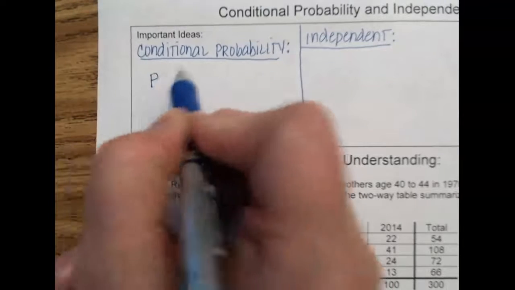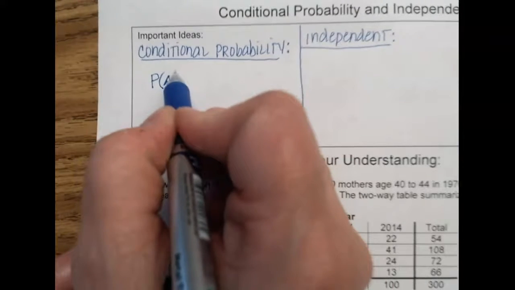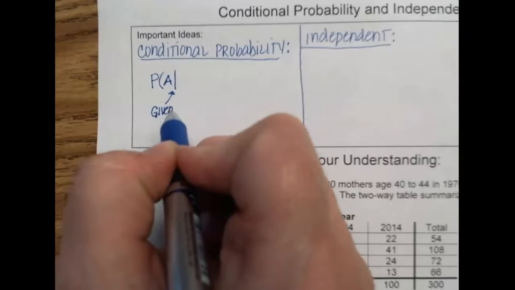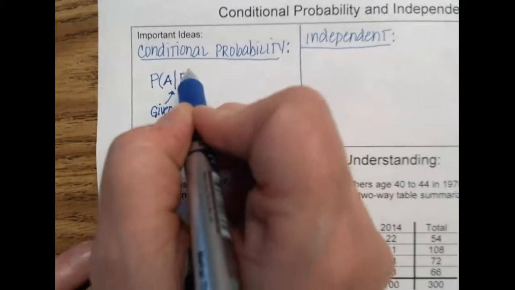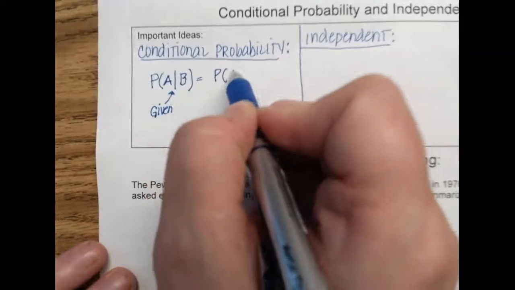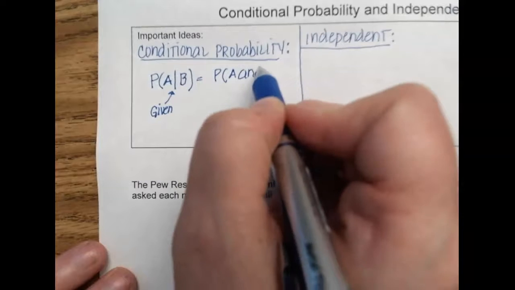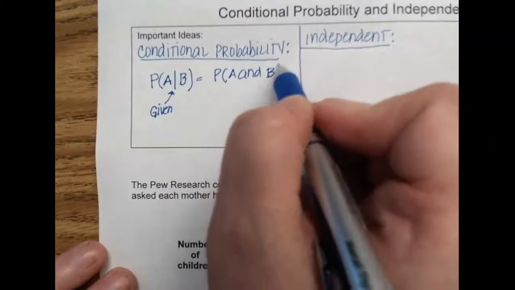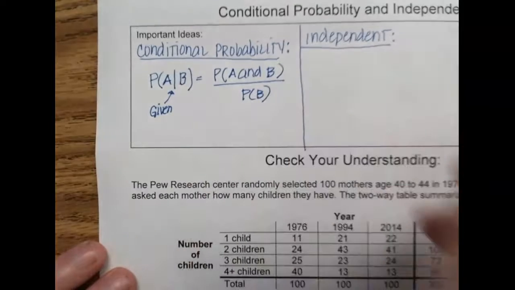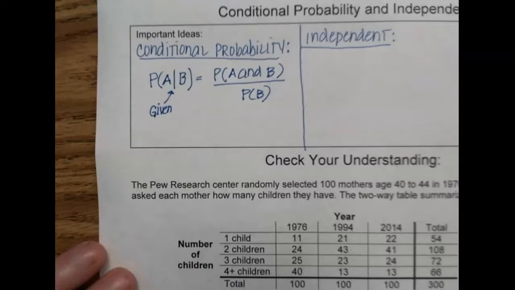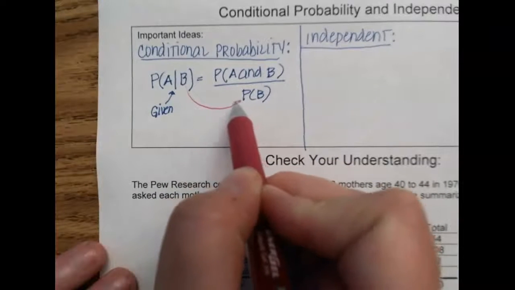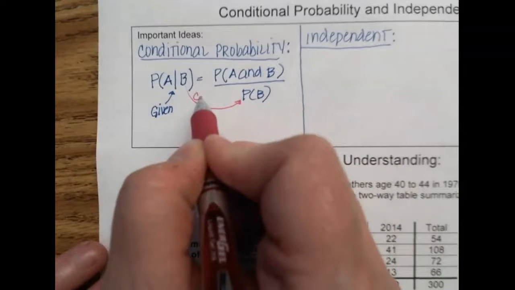So we have the probability that event A happens given, remember the line is the word given, that B has already happened, is the probability of where A and B cross in the two-way table, the intersection, divided by the probability of B. All right, so this B, that's your condition.